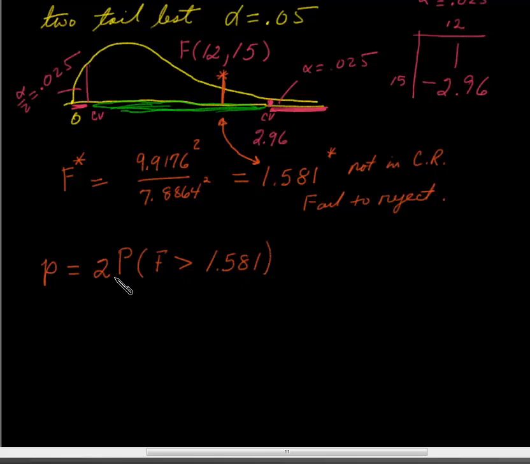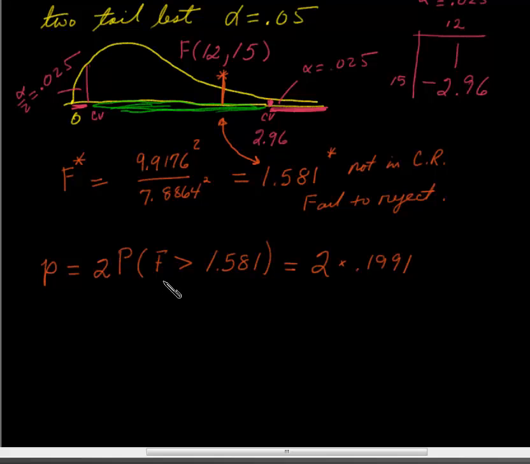Now remember, it's a 2 times because it's a two-tail test. And this value I'm going to get from my graphing calculator or from Minitab, and that's going to be 2 times 0.1991.